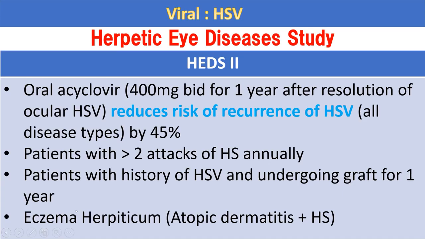Also, patients with eczema herpeticum or atopic dermatitis and herpes simplex will benefit from a prophylactic dose of oral acyclovir two times per day. Okay, so these are the results of Herpetic Eye Disease Study 1 and Herpetic Eye Disease Study 2. I hope that this is clear.